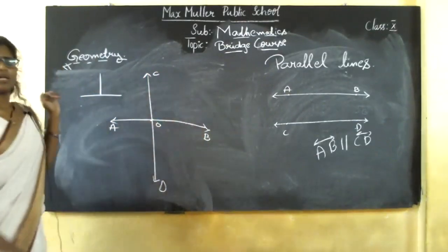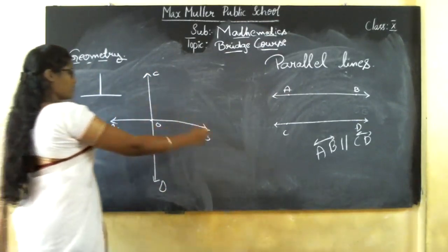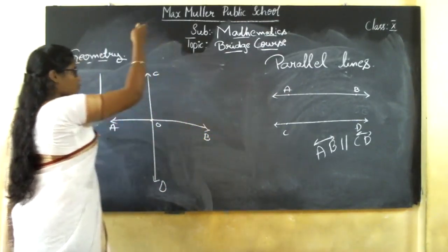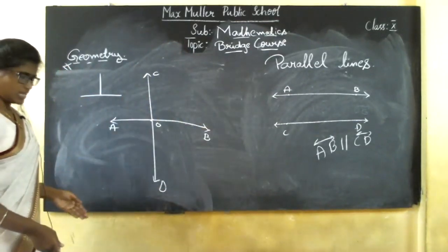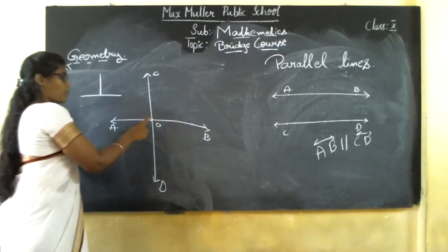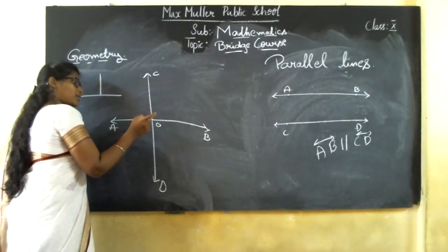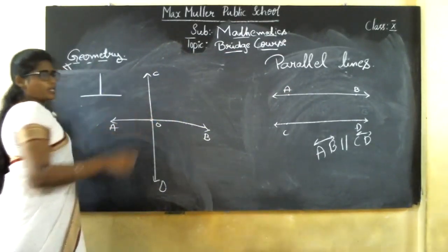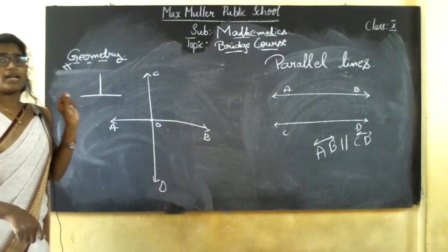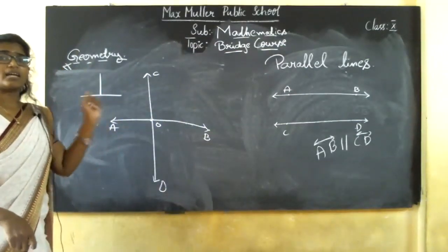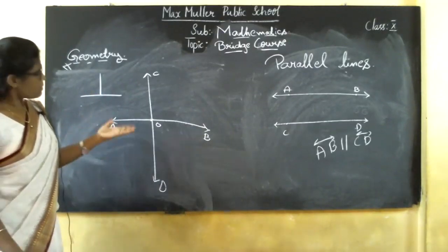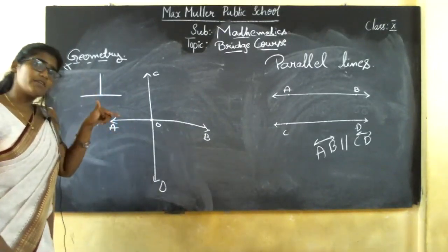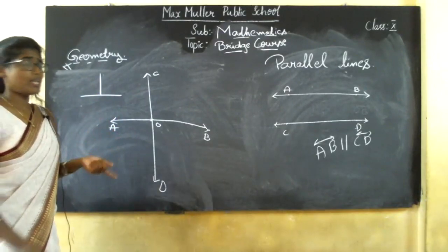So, what is a perpendicular line? If you have a line AB and if you draw a line CD such that both the lines are meeting at one particular point, then you can say it is a perpendicular line; as a condition you can also say it is intersecting lines. Correct? Yes, ma'am, it is intersecting lines. Then what is the difference between perpendicular and intersecting?